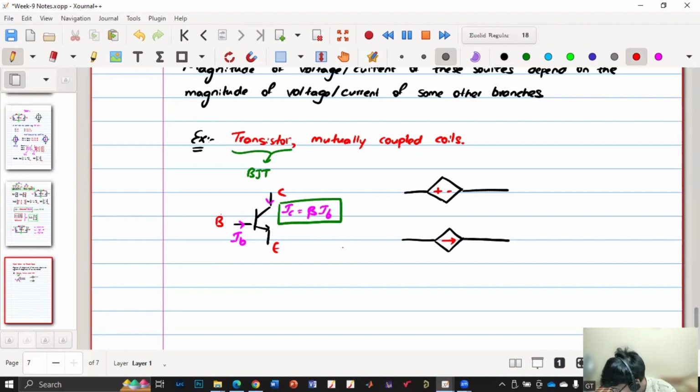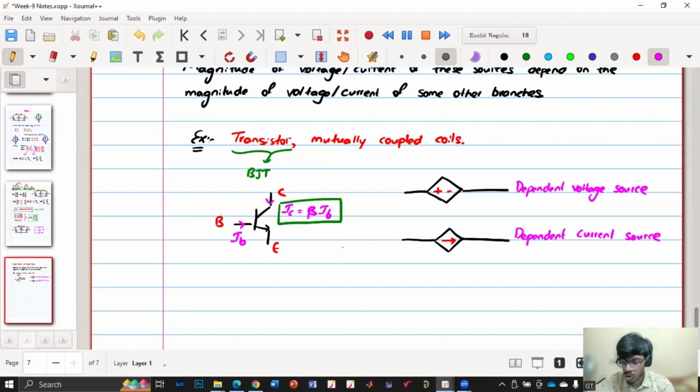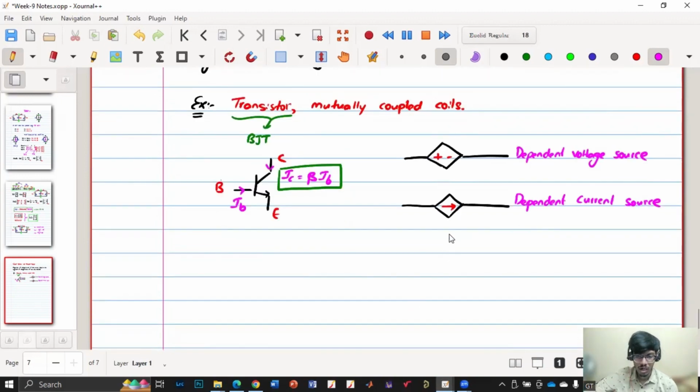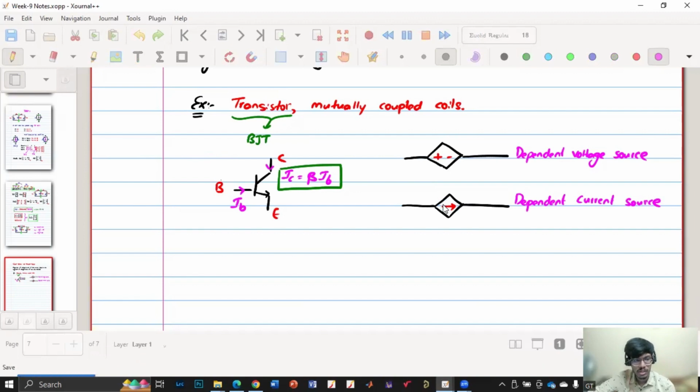This is our dependent voltage source, and this is our dependent current source. You also have to follow this representation. If you draw a circle, it is an independent voltage source, and similarly for current a circle means an independent current source. If you use this symbol, it means a dependent voltage or current source.